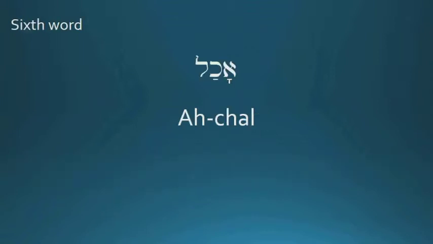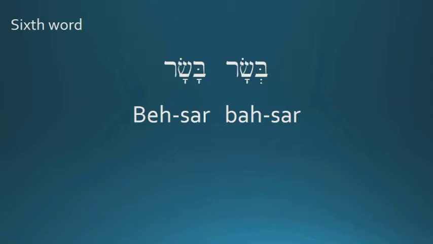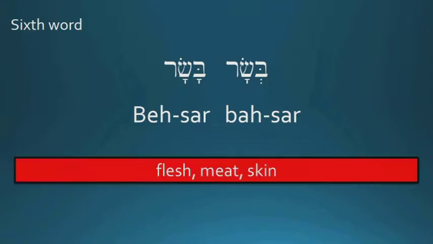The sixth word is achal, and this means simply to eat or to consume. And the next word is besar or basar, and it means flesh, meat, skin, just what it says, meat.